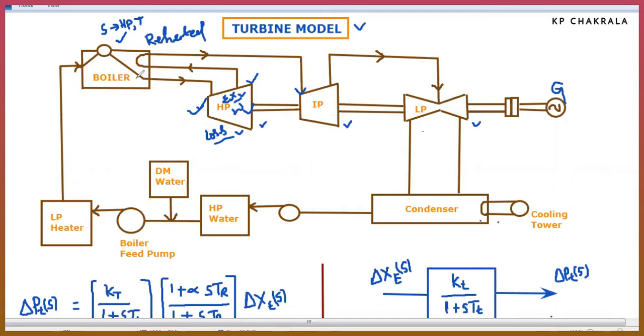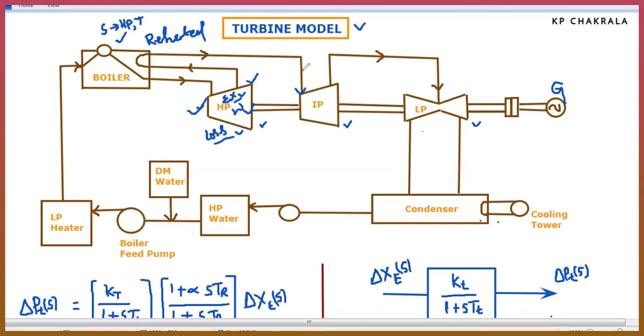Here boiler steam with high pressure and temperature is allowed to enter the HP stage, where it works on the vanes of the turbine. Because it loses some pressure and temperature, it is reheated by passing through the boiler, where it gets high pressure and temperature again.